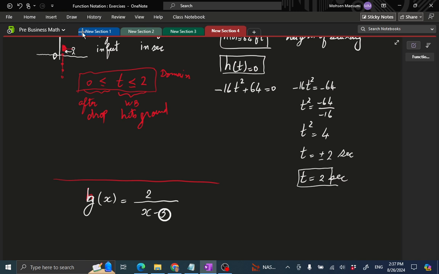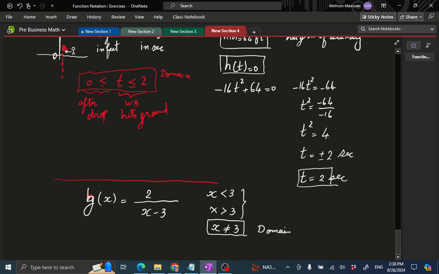Division by 0 is not allowed, so x cannot be 3, so you are limited to one of two domains. Either x is less than 3 or x is larger than 3. But definitely x is not 3, because we don't know how to handle the resulting infinity. So these two together can be expressed like that, and that's going to be called the domain.